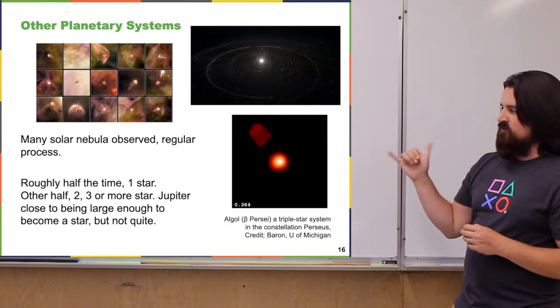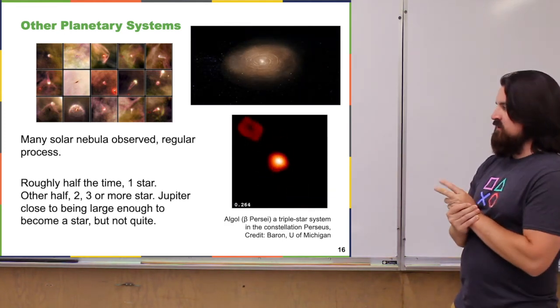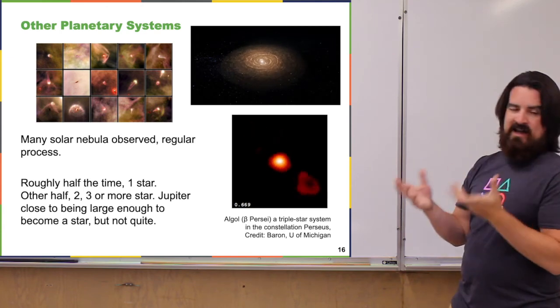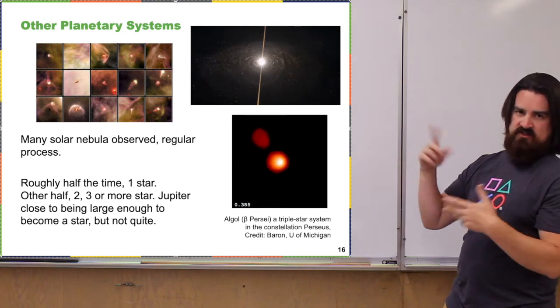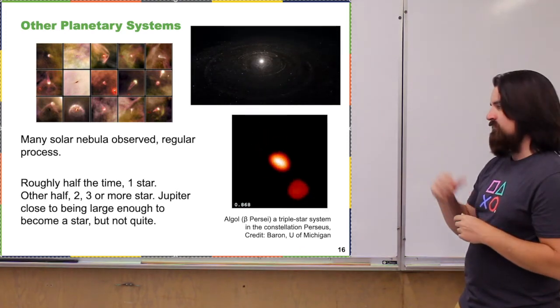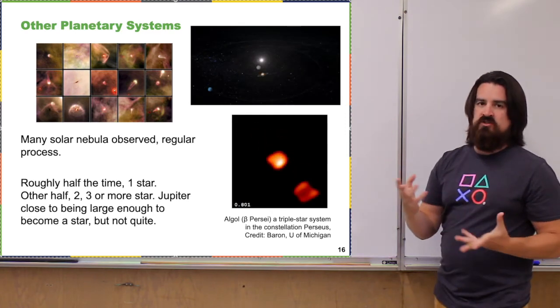But from the census of looking around at planetary systems, it seems that only about half the time do planetary systems end up with one star. That's like us, we only have one star, the sun. The other half of the time, you get 2, 3, or maybe even more stars.